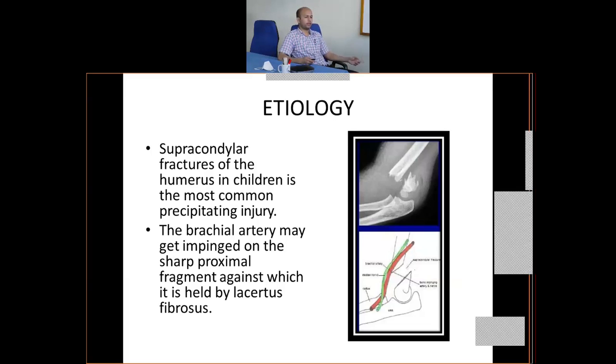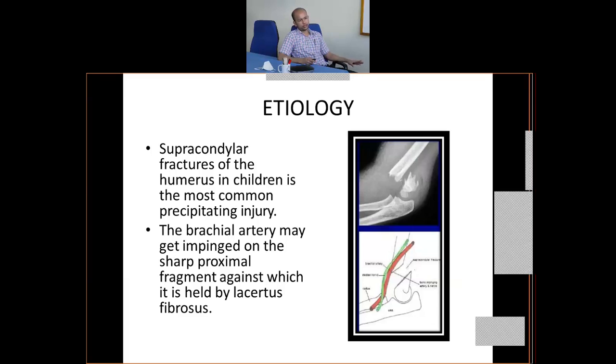And if it is left untreated, or if it is not reduced properly, if the mechanical pressure on the brachial artery is not relieved, and on top of that, if the patient goes to a quack, who applies tight bandaging over the fracture, what is the ultimate thing that will happen? The first thing that will happen is diminished perfusion of the forearm, and then compartment syndrome will set in.